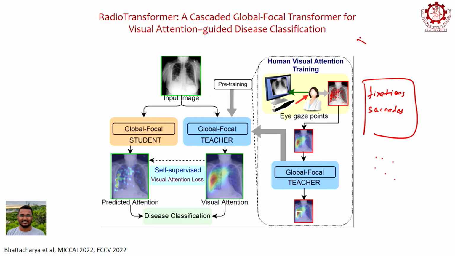Saccades are the lines that connect the first region of the image to the second region. So fixations and saccades are very important information that you can use to learn how a radiologist traverses their attention from one region to another, or where a radiologist is focusing for n number of seconds.